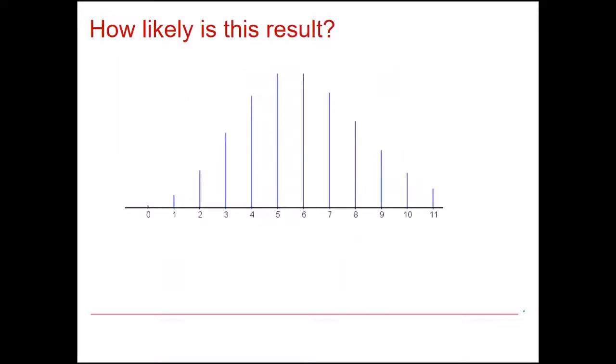So when carrying out any hypothesis test, we want to know how likely this result is if the mean hasn't changed. So in this case, we want to know what the probability of being less than or equal to 2 is given the Poisson distribution with a mean of 6.